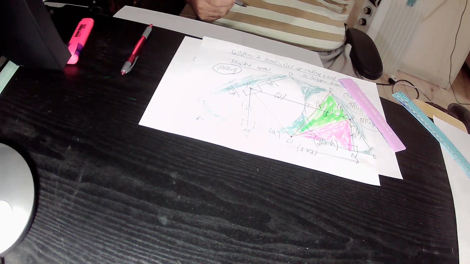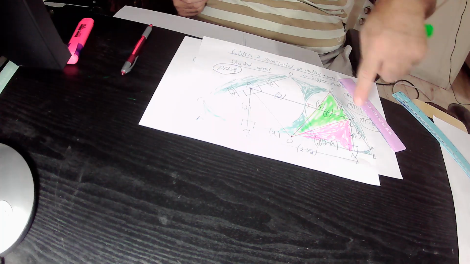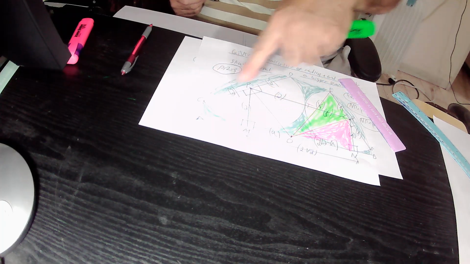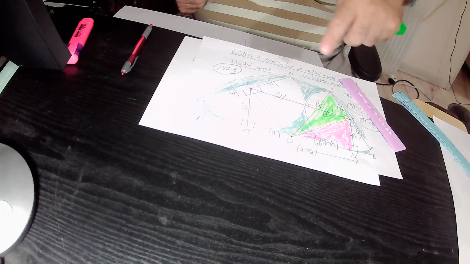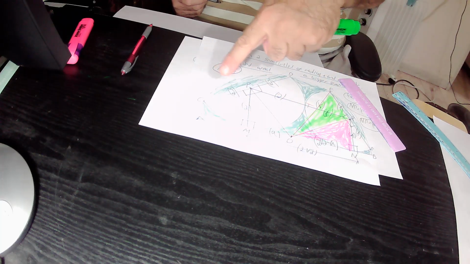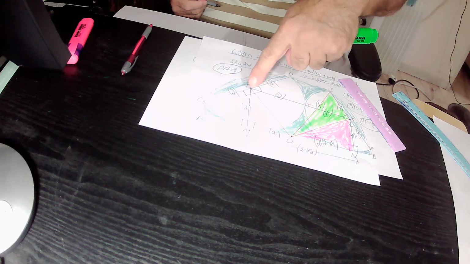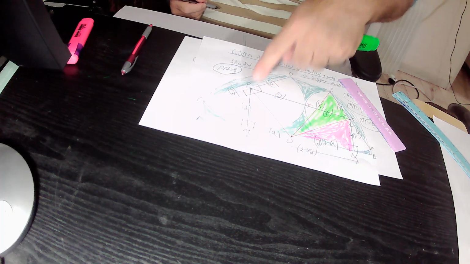We just implemented rule 30 in our drawing. We have line segment OP drawn from the center of this circle, point O, that bisects chord CD. Therefore, according to rule 30, OP must also be perpendicular to CD. So this angle equals 90 degrees, and this angle also equals 90 degrees according to rule 30.